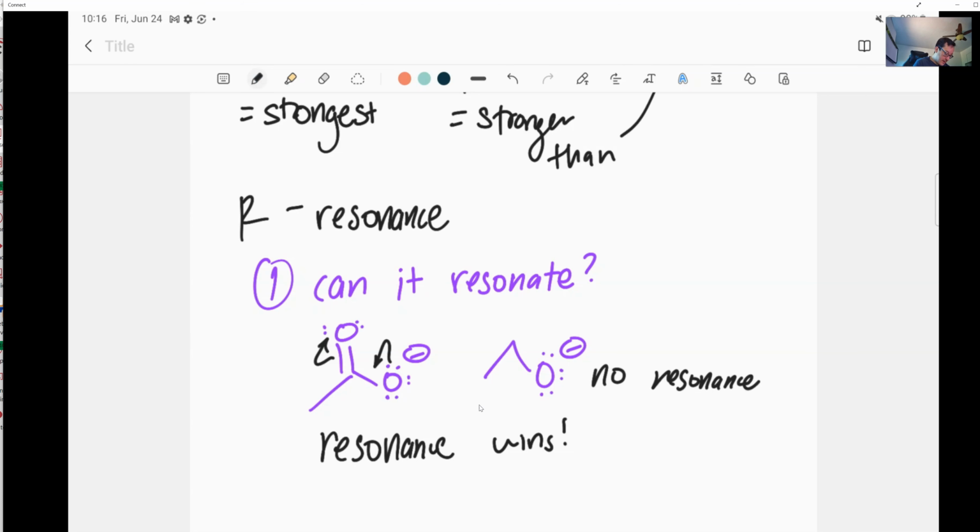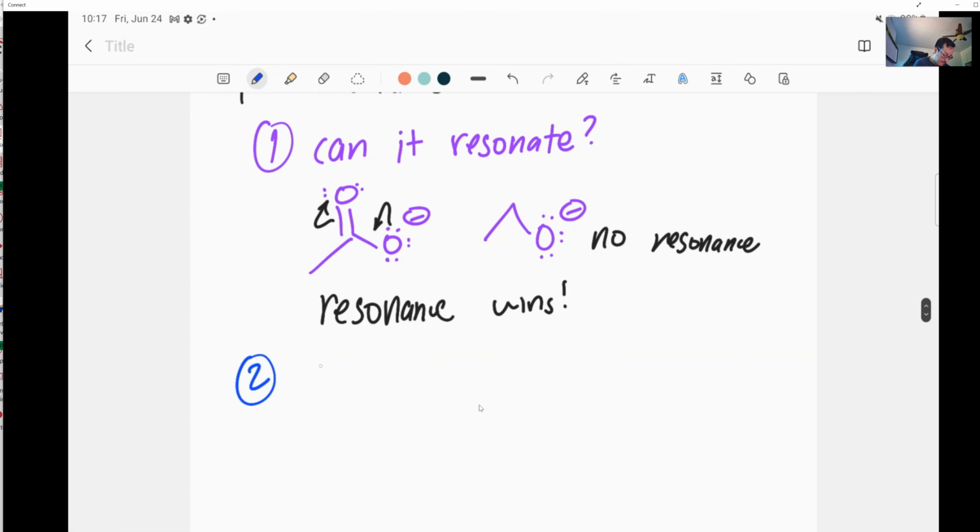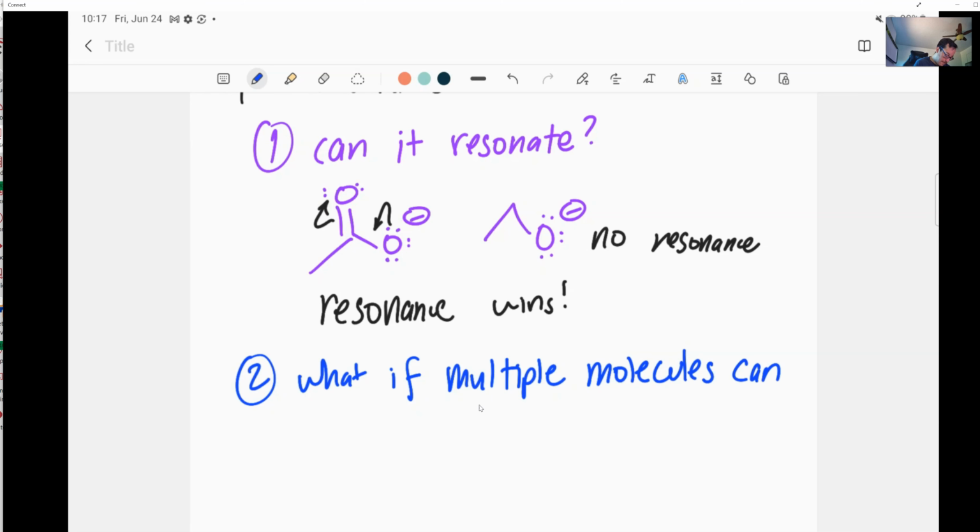The tricky part is, what if both can resonate? Or what if multiple molecules can resonate? What do we do then? Well, would we then get the inductive effect?